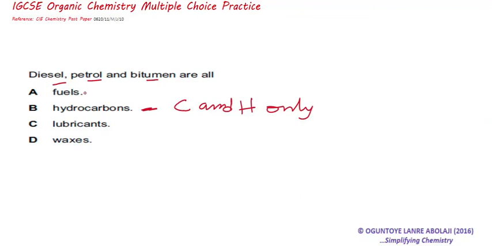But they are not all used as fuel. They are not used as lubricants. They are not used as waxes. So the best option that describes diesel, petrol, and bitumen is hydrocarbon. So the correct answer to that question is hydrocarbon.